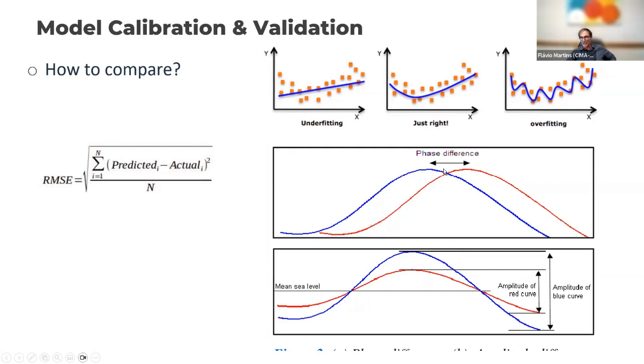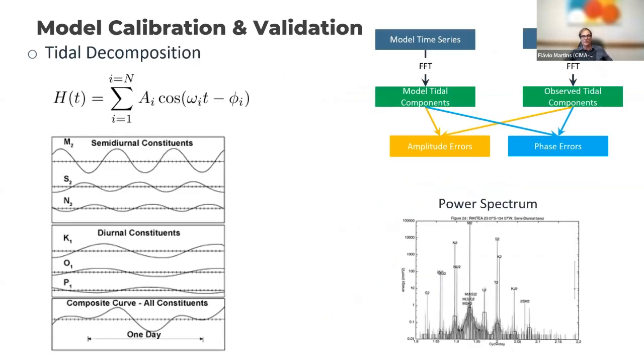For example, in processes that are like waves, we can use the decomposition into components. For example, if it is a tide, we can decompose the tide into its constituents and compare, and also decompose the model into its constituents.